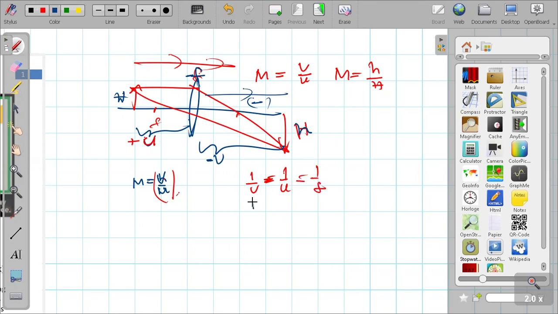So you have to substitute 1 over minus V minus 1 over plus U equals 1 over minus F.